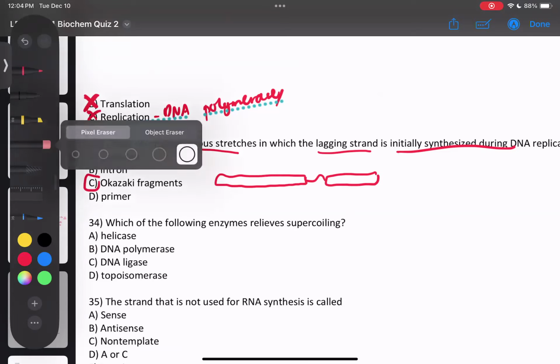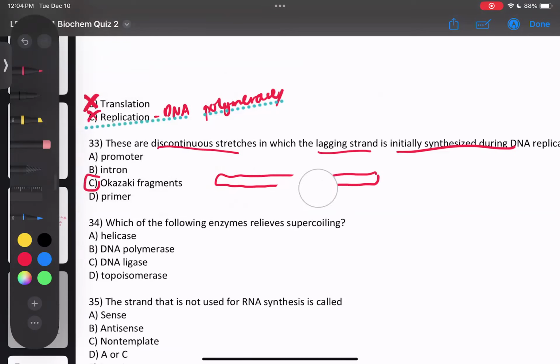Then when the ligase works, it gets completed, right? And then you add another Okazaki fragment, and then you join it to the previous strand by another action of ligase. So that's how the lagging strand works. And the fact that it always pauses in the middle, right? It stops every once in a while, in bits and pauses. That's why it is lagging behind.